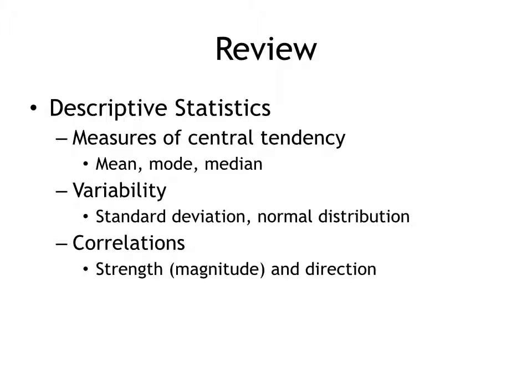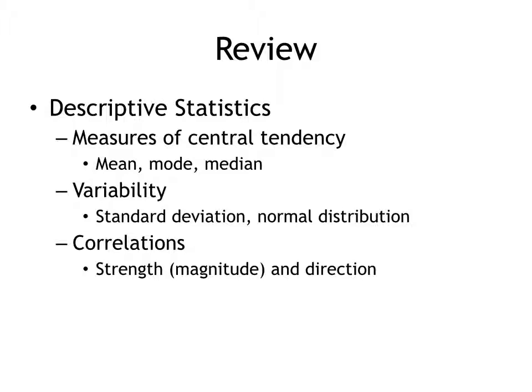Mean is the average, mode is the most common, and median is the middle if I line them all up and rank them. I talked about variability and standard deviation. Remember, standard deviation is the average distance that a score is from the mean, whether they're spread out very far and you get a large standard deviation, or they're very close together and you get a very small standard deviation.